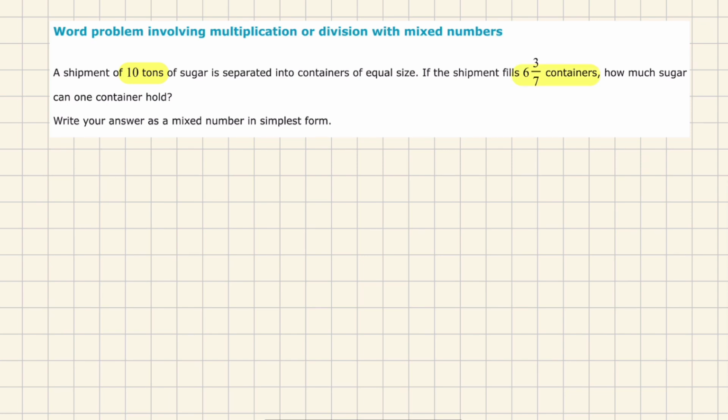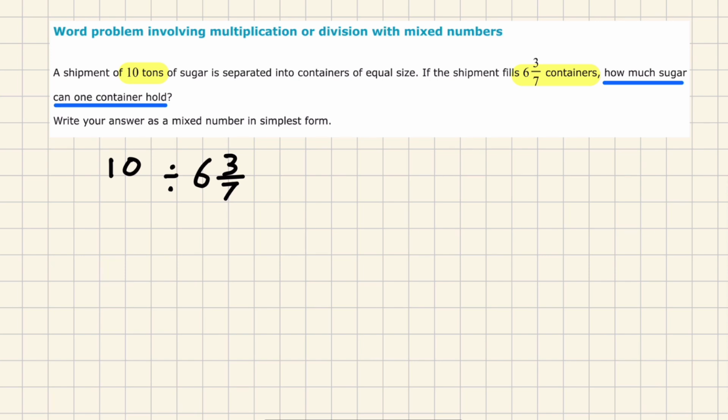And our question is, how much sugar can one container hold? So notice that we are starting with that 10 tons of sugar, and we are separating it or dividing it into equal size containers, meaning we start with 10 tons and we divide that 10 tons into 6 3/7 containers.